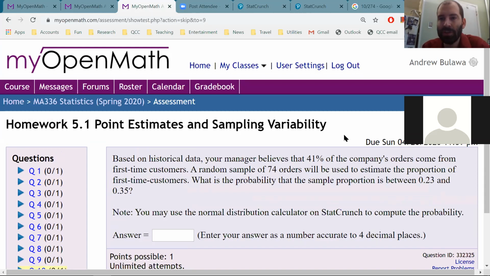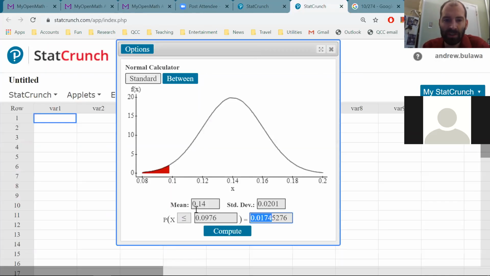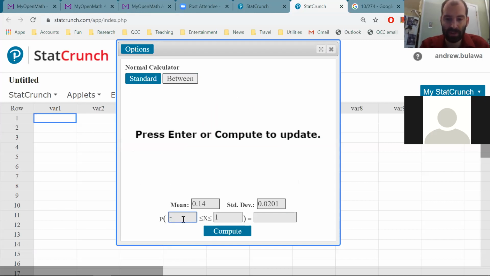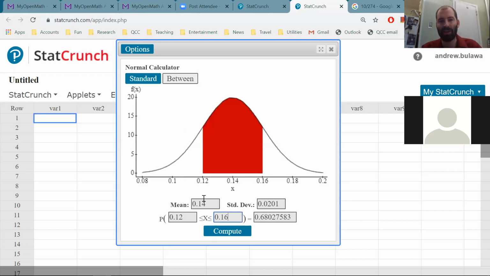You could totally do that because in StatCrunch, you can hit the between button up here and do between 2 values. In this case, it might be interesting to do 0.12 and 0.16. I'm not saying this has anything to do with the problem we were looking at, but you can do the probability between 2 values like this. So I hope that clarified things.